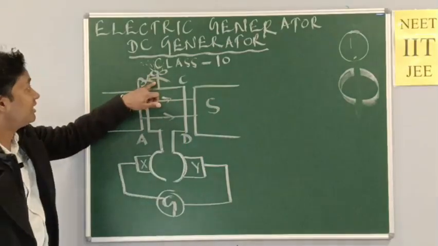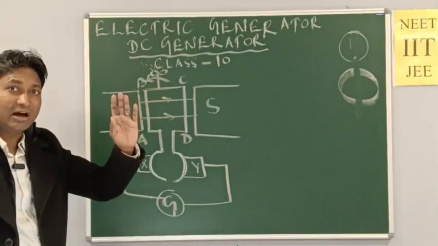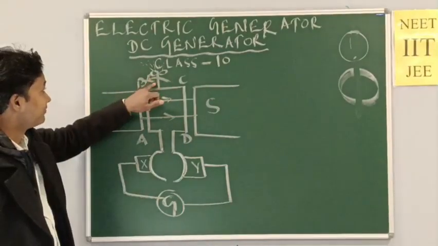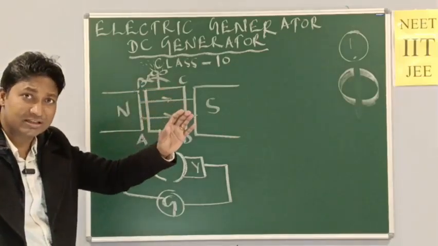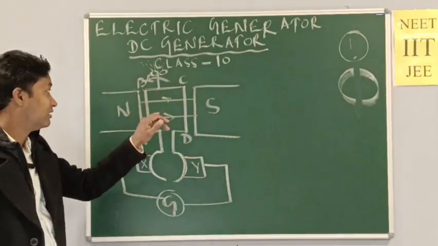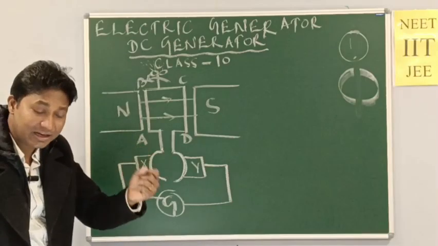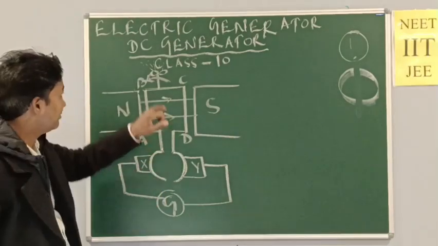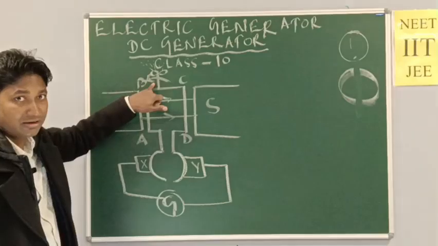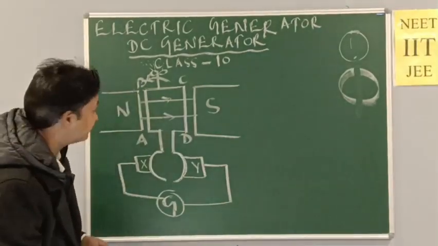This is anti-clockwise, meaning the turbine rotates anti-clockwise. If the coil rotates anti-clockwise, make it like this. Now next, what happened?